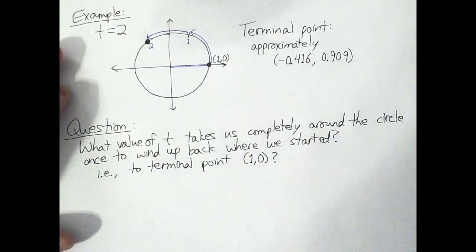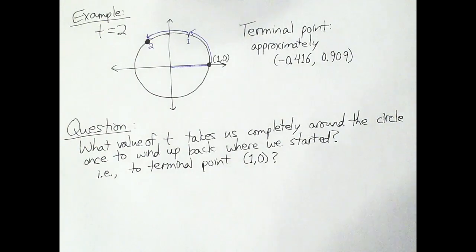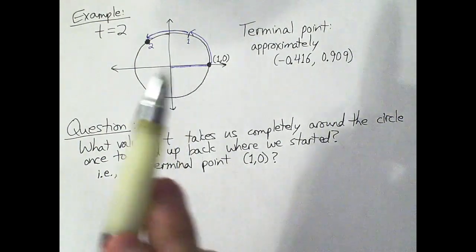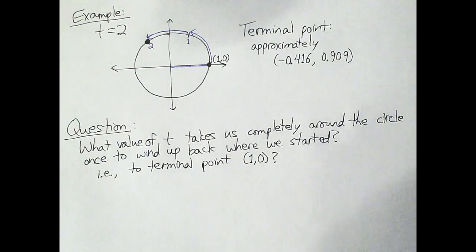That's the starting point. And I'm asking, what would t need to be to go around once and stop at (1, 0)?